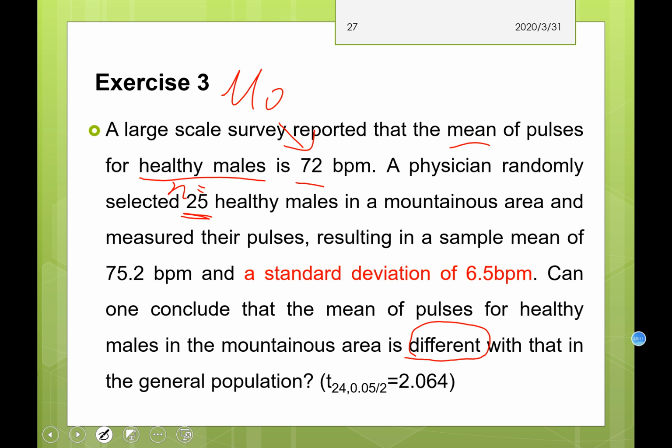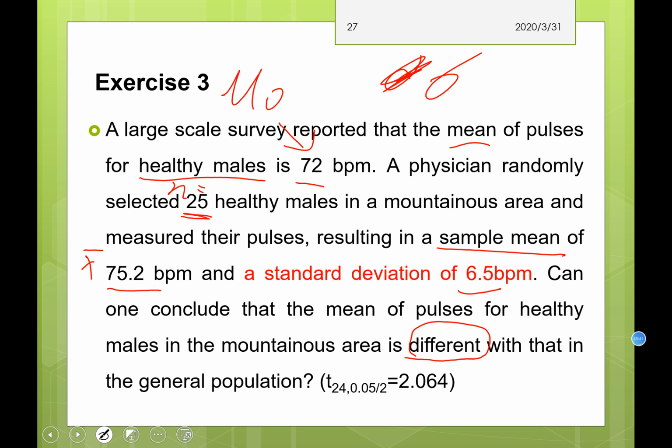So next, let's analyze if we can use z-test or t-test. The key point is to find sigma. The third number, 75.2, is a sample mean, right? X bar. The last number is a standard deviation of 6.5.